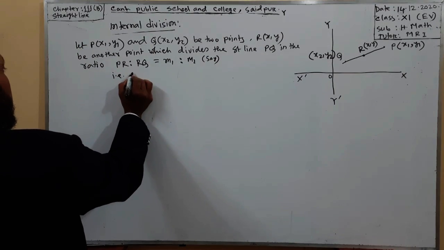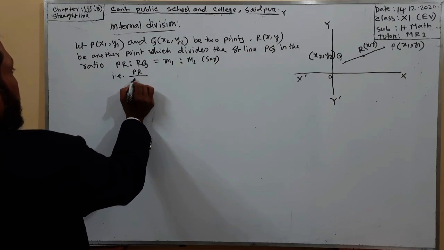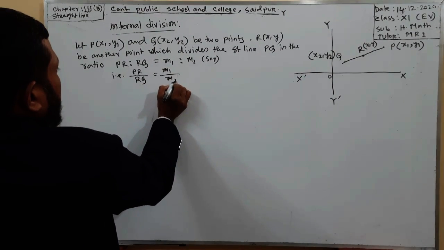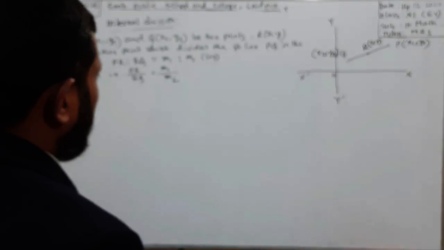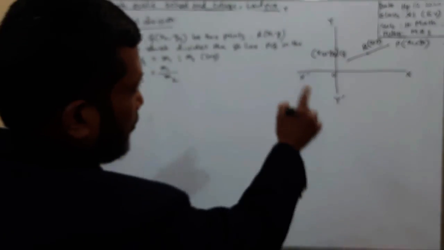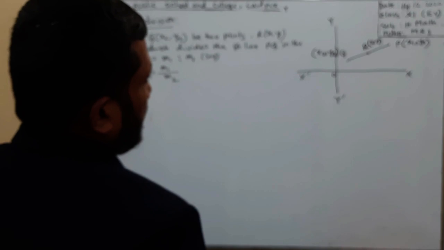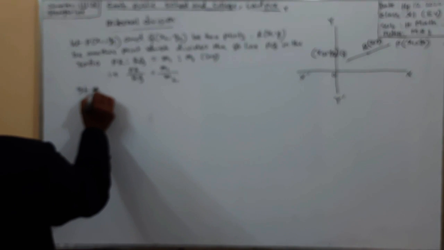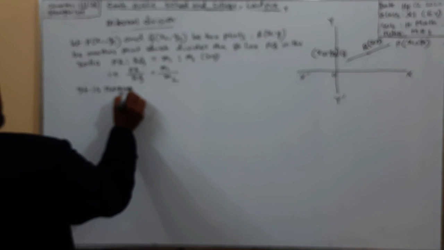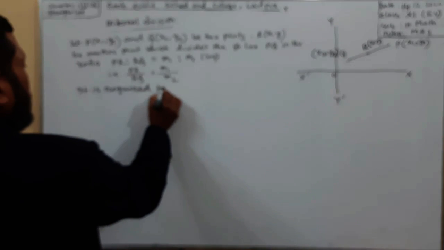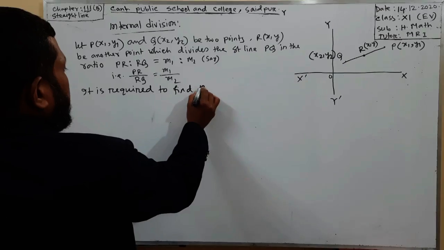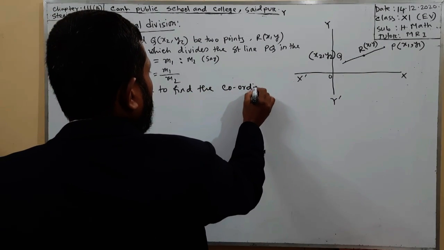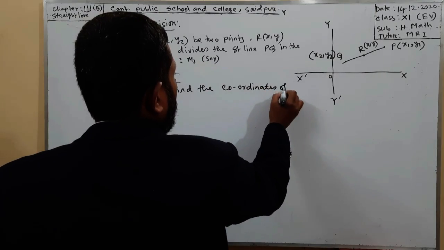That is, PR by RQ is equal to M1 by M2. It is required to find the coordinates of R.